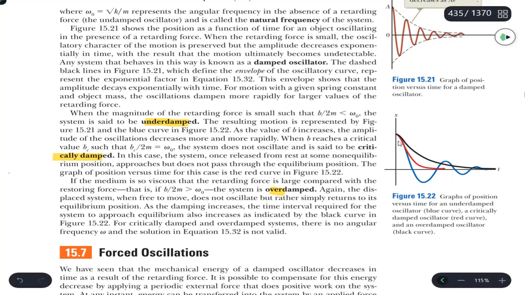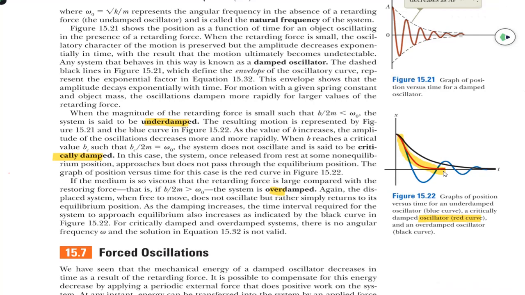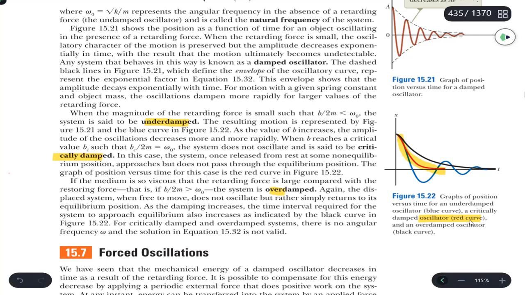Critical is the one which is the red color. So what makes it critical, or perhaps I should say the best, it goes to the equilibrium quickly, the fastest. So for critical, T is the smallest, the smallest to come to equilibrium.